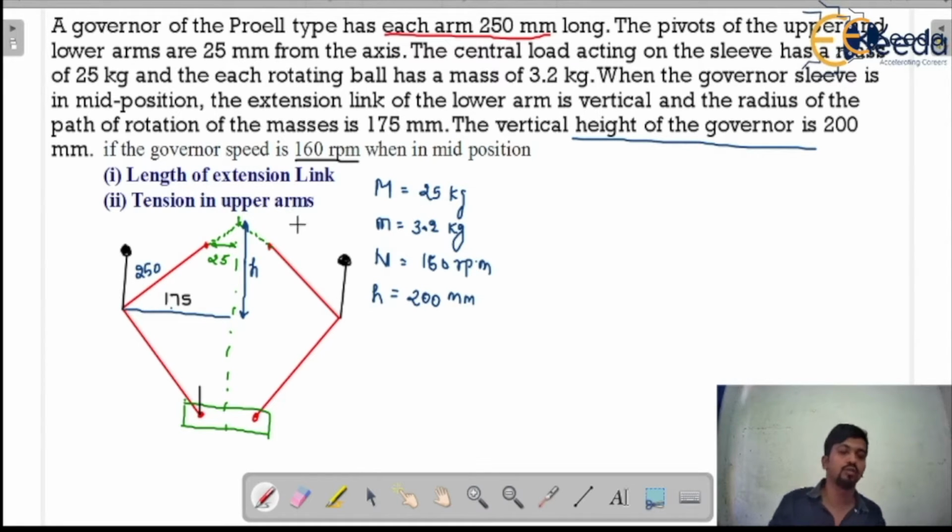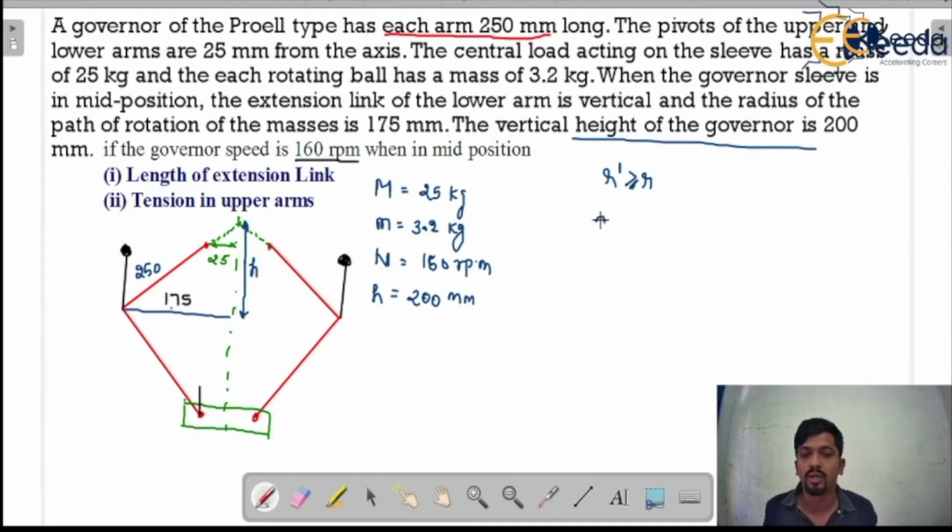Now we all know that we have to use the governor speed formula. But you have to understand this is a Proell governor, and we all know that for a Proell governor the radius of rotation r dash is greater than or equal to r. That means the minimum radius of rotation would be equal to r when the extension of the lower link is in vertical position.